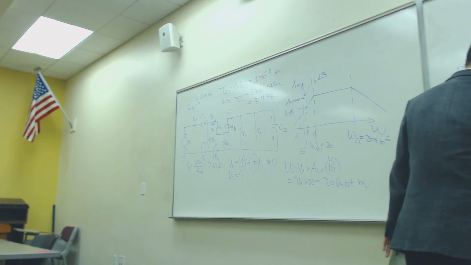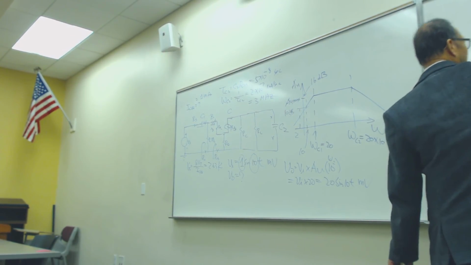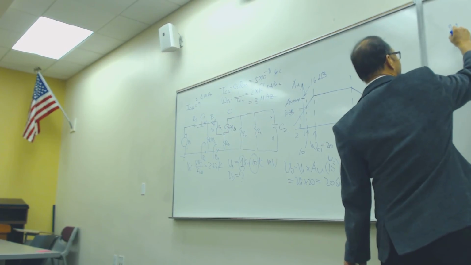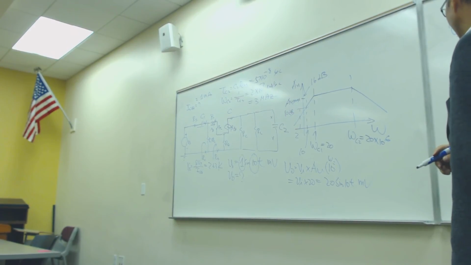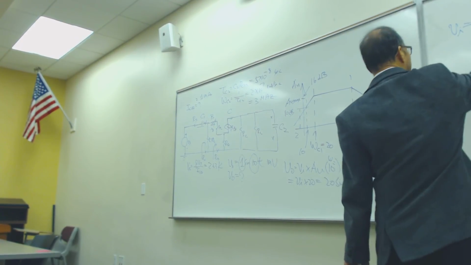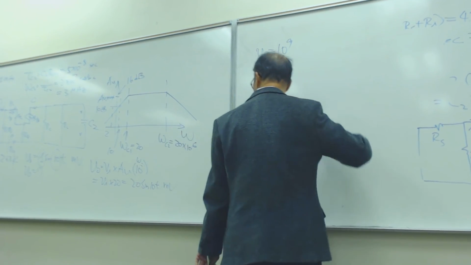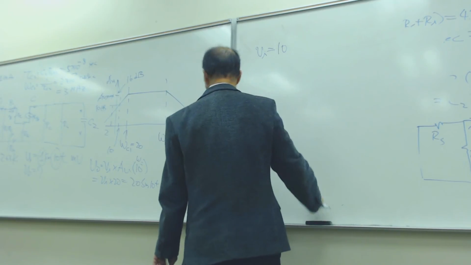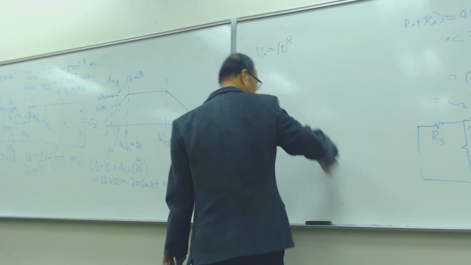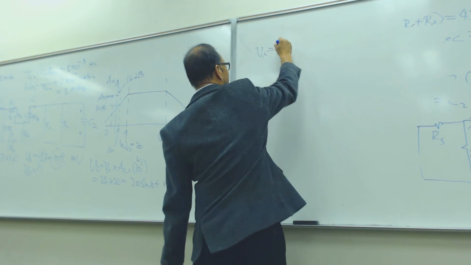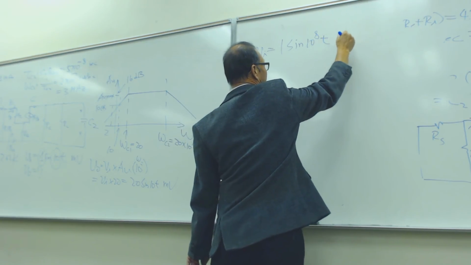Okay, let me give you another question. What happens if I change my frequency? Let's say you put into the circuit V sub I equal to 1 sine 10 to the 8 t millivolts.